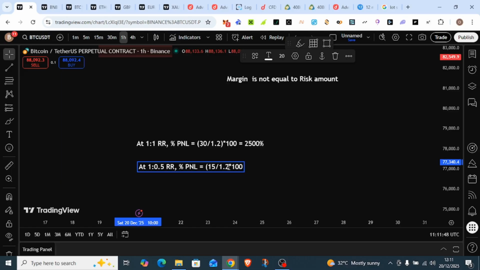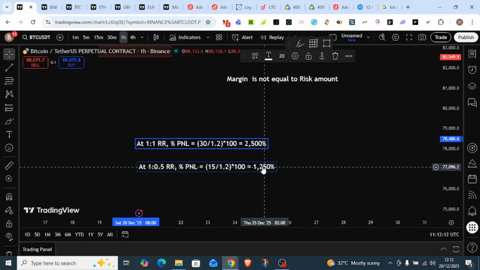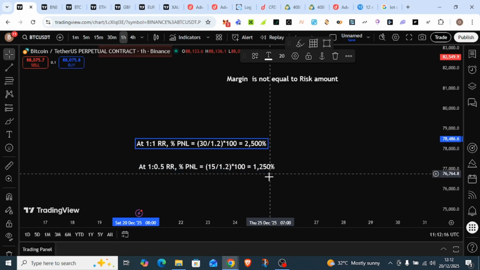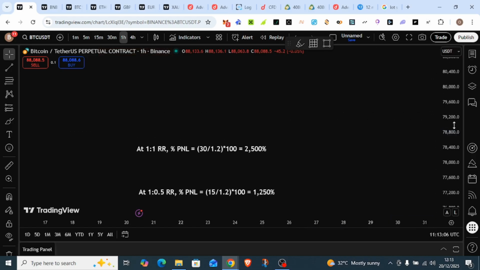So we have 1,250%. As you can see from here, when the profit is just half of the $30 we are risking, you can see the huge percentage here, which is 1,250. At RR 1, you see the huge percentage here to be 2,500, just getting $30 from $100.